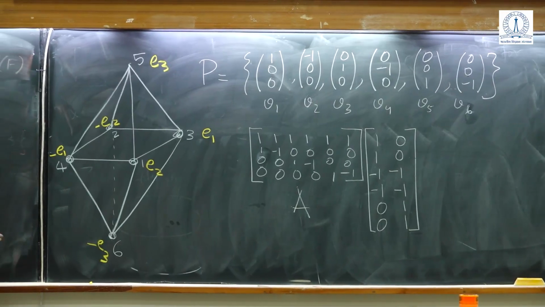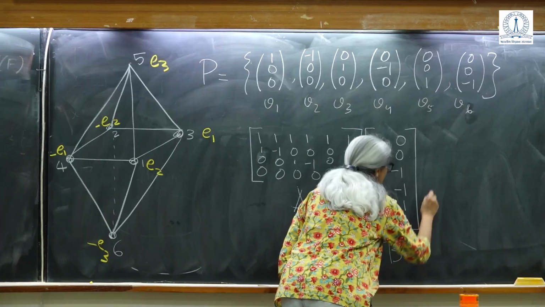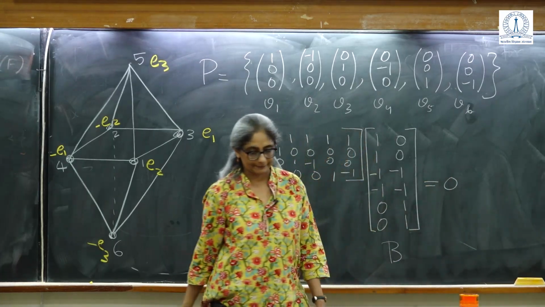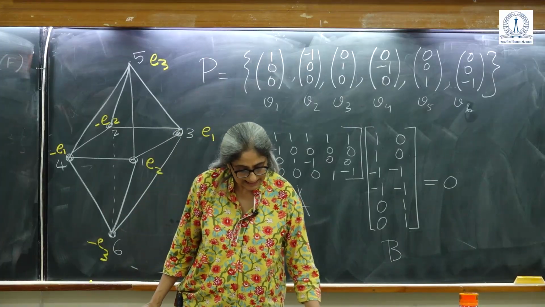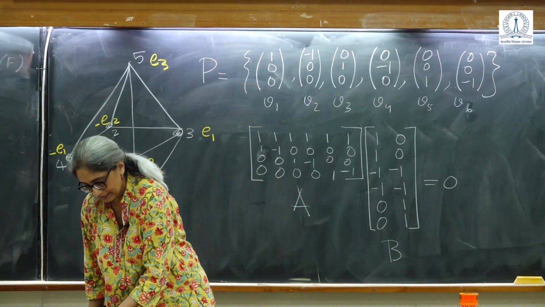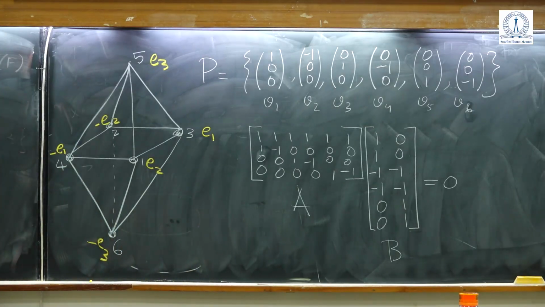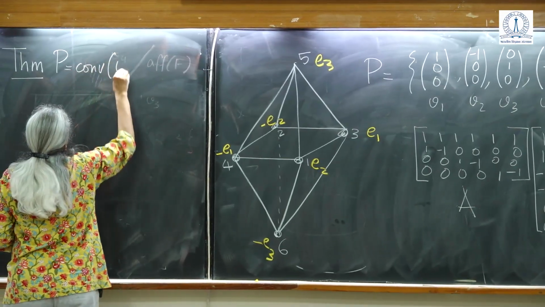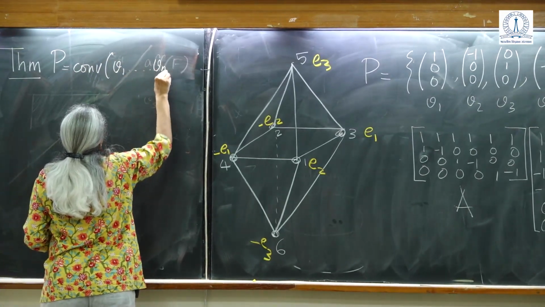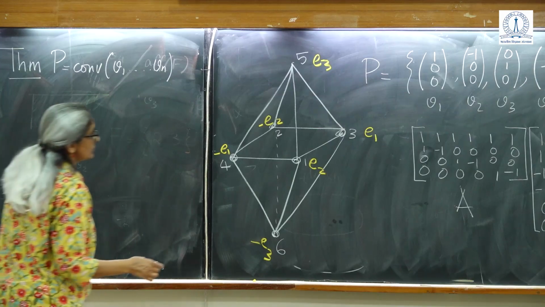Oh, I didn't give you a B. I did give you a B. This is B. B1 is equal to B2. Yes, so you have to double number it. B1 is the same as B2.